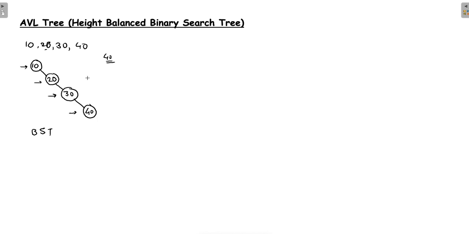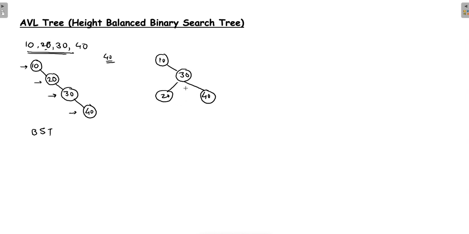Now if I draw a new binary tree with the same elements, suppose 10 is my root node, then I make 30 as my parent node, and I can insert 20 here and 40 here.